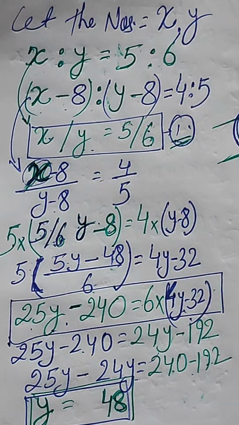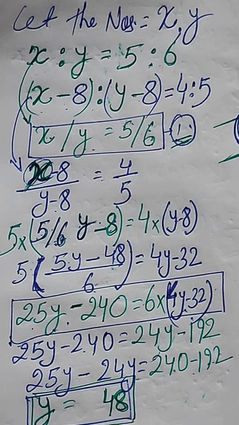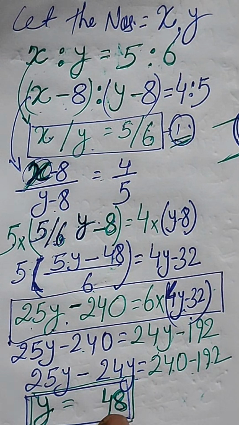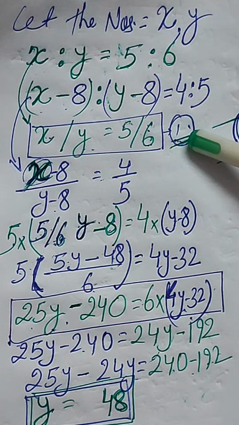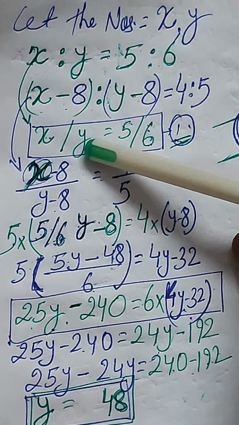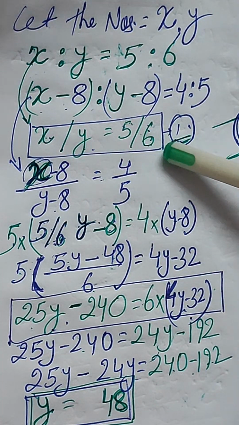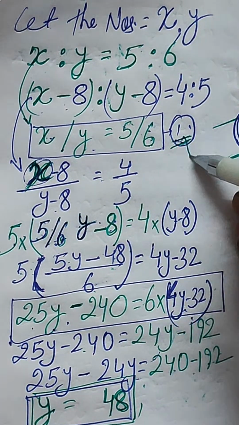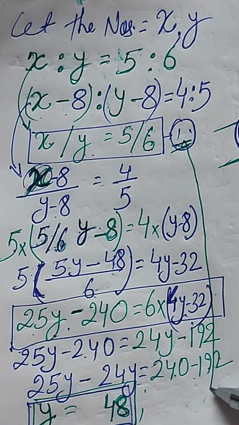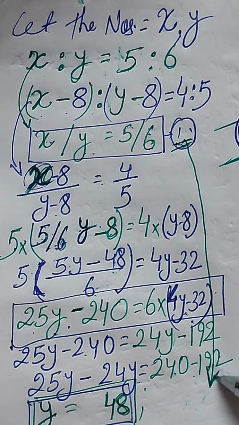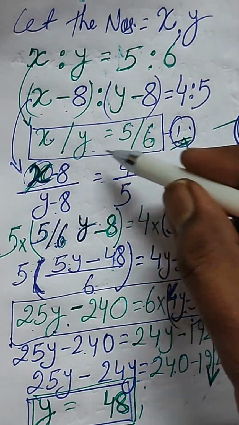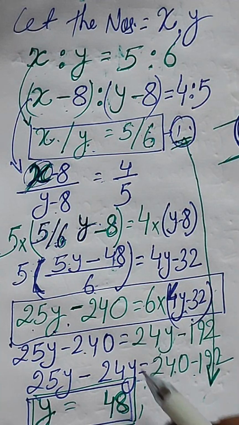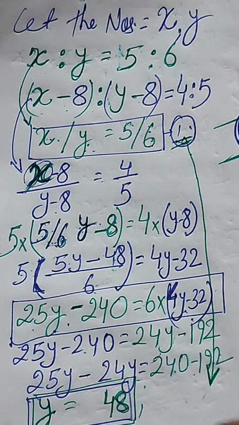This is the answer, and you identified one of the numbers, but another number is not known to you. It's very simple. Using equation number 1, since the ratio of x by y is 5:6, from equation number 1 we can write that x is equal to 5 by 6 times y, what we have substituted earlier.